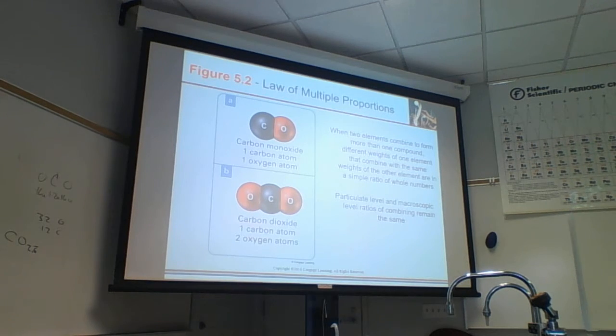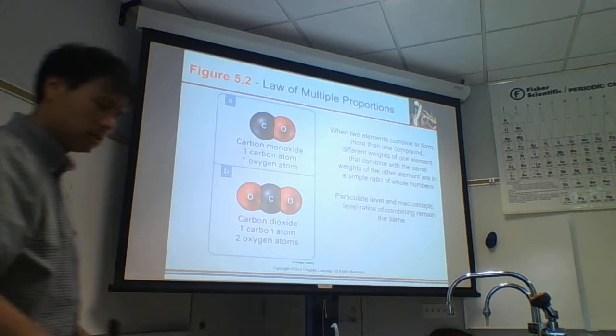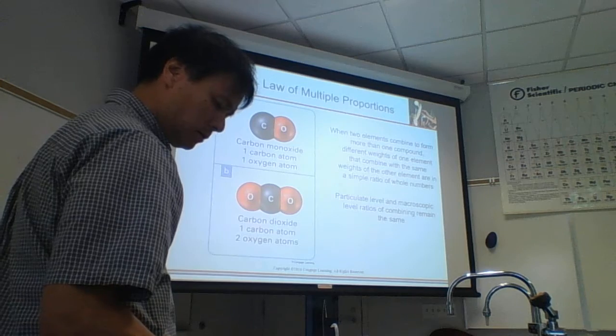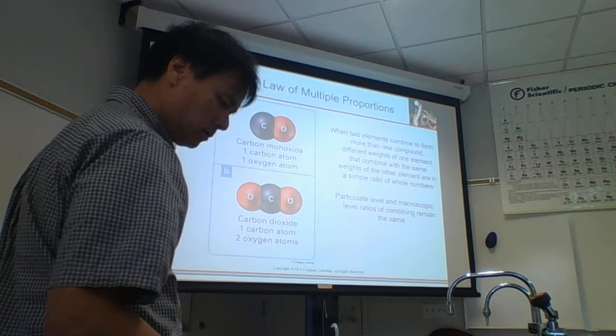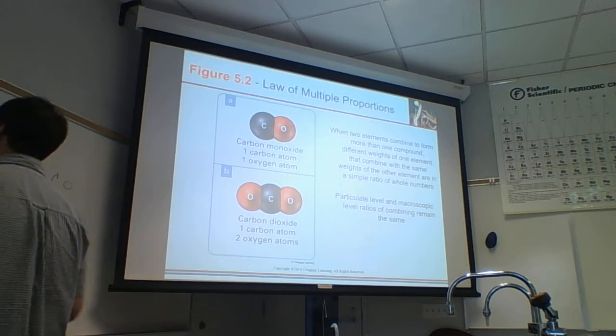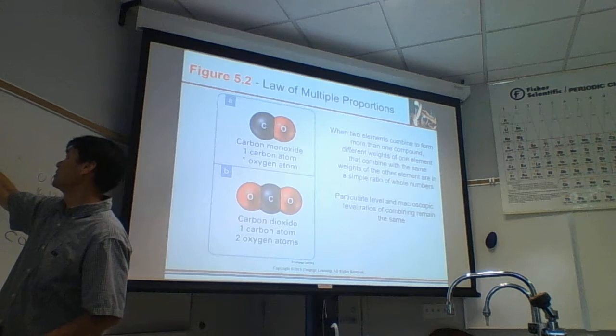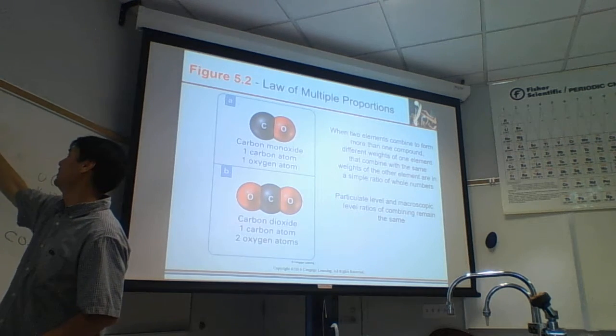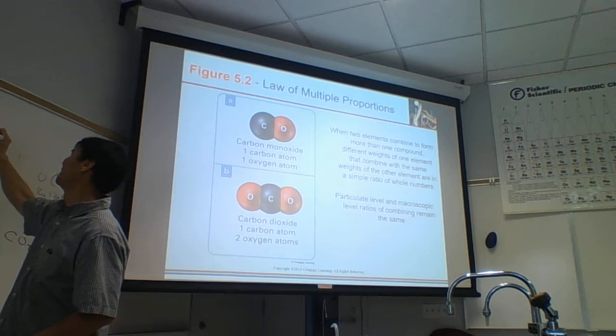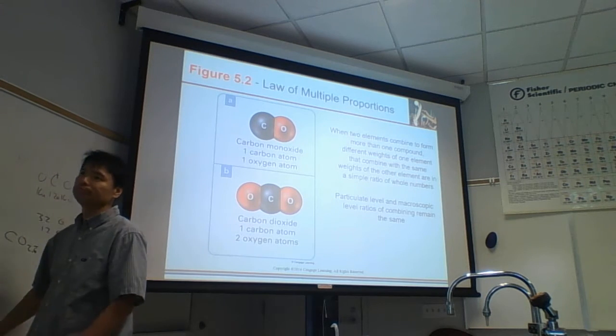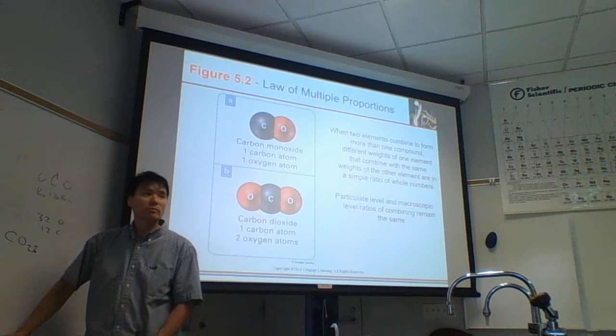And then oxygen would be 16 out of 18, which is 0.88. So another way of looking at this is H 0.11, O 0.88. That's in terms of weights.